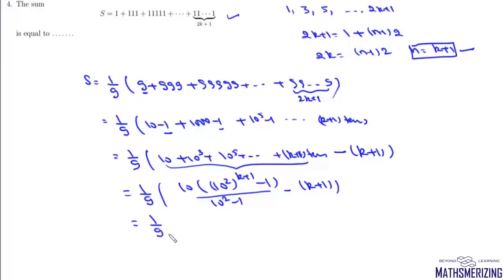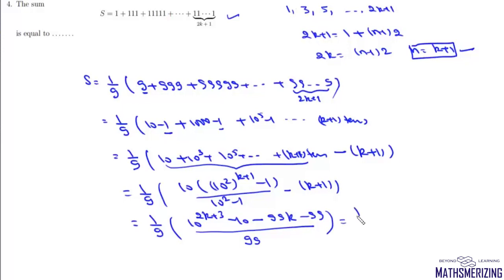So we'll simplify it. We'll write 1 by 9, and then this will be 10 to the power 2k plus 2 into 10. So it will be 10 to the power 2k plus 3 minus 10, and here it will be 99. So it will be minus 99k and minus 99 upon 100 minus 1, and that should be 99.